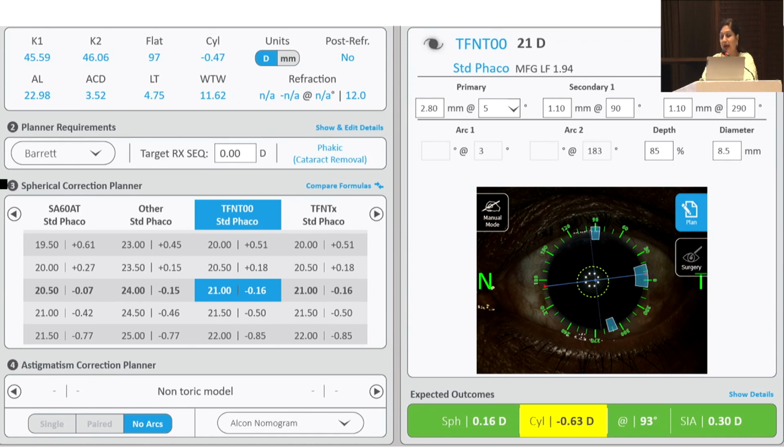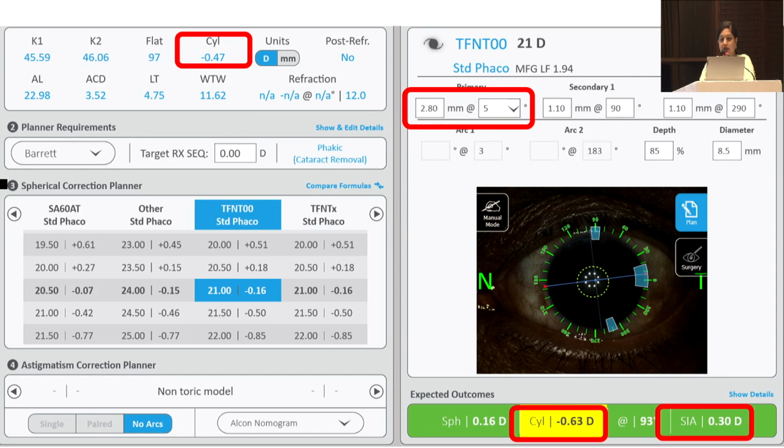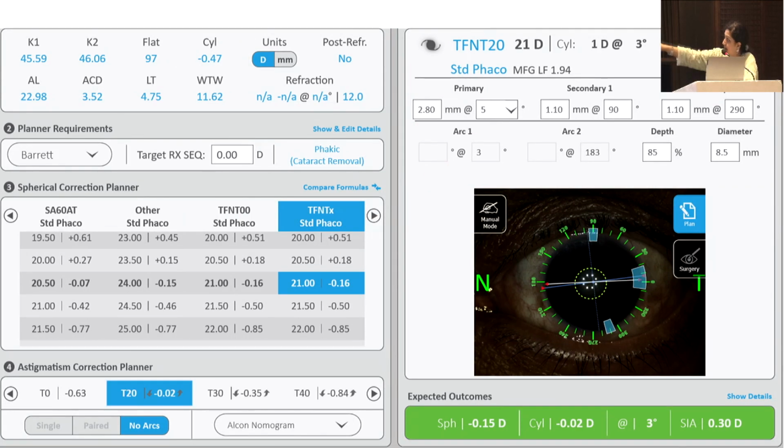So here I've taken a non-toric, the TFNT00. That's a non-toric trifocal, which is giving us a residual outcome of 0.63. Now what if I choose a toric, which is the next one? Look at what happens to my residual astigmatism: it is 0.02.